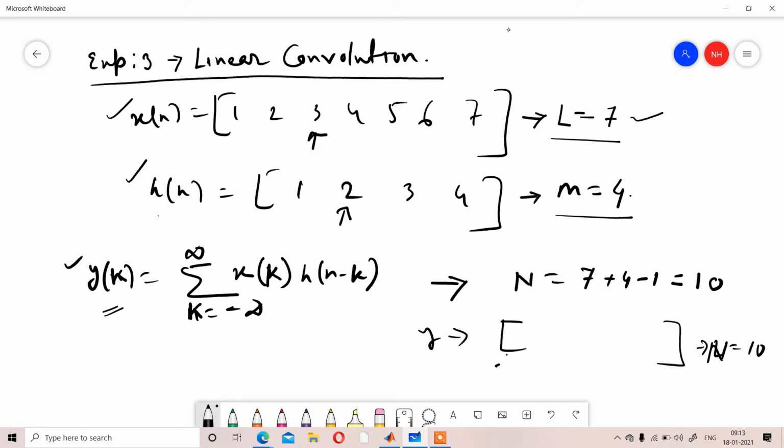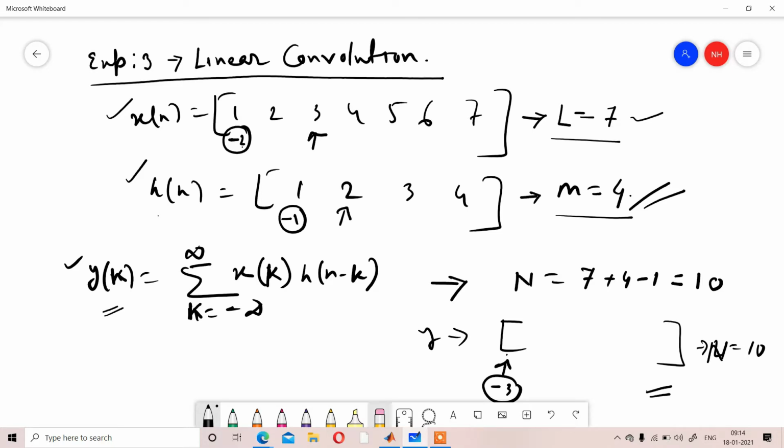The starting point will be the starting point of x plus the starting point of h. So minus 2 plus minus 1 will be minus 3. The starting point of y will be minus 3. You have to keep that in mind. If you are not getting it, you should ask me the question. So these are the parameters you have to keep in mind before writing the code. Okay.